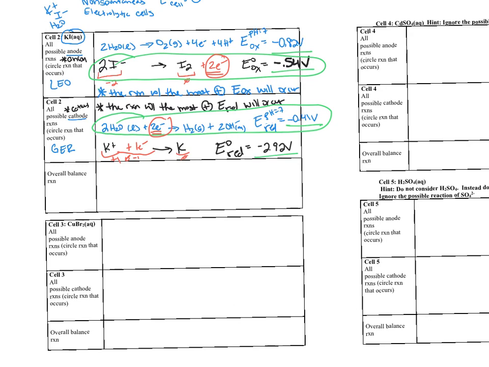The overall reaction then is 2I minus plus 2H2O liquid goes to I2 plus H2 gas plus 2 hydroxide aqueous, and our I2 was indeed aqueous. You saw it dissolving in that liquid. You can go ahead and double check. I have a negative 2 charge on the left, 2 negative 1, so a negative 2 charge on the right, and the atoms are also balanced on both sides, so that is the overall balanced equation.